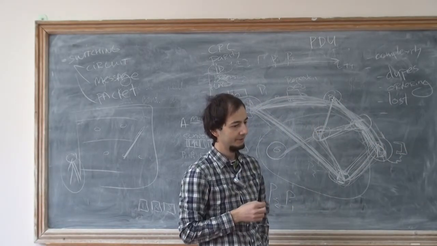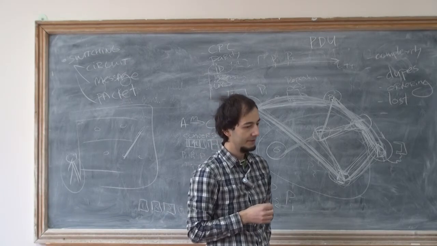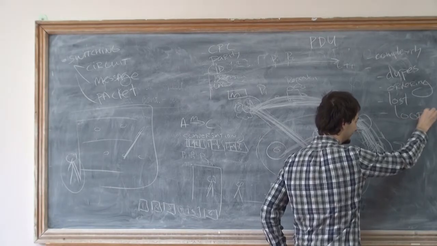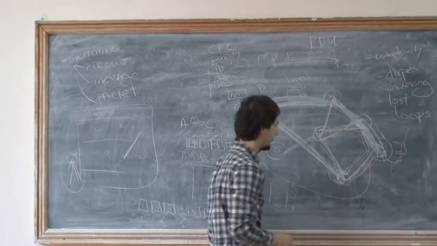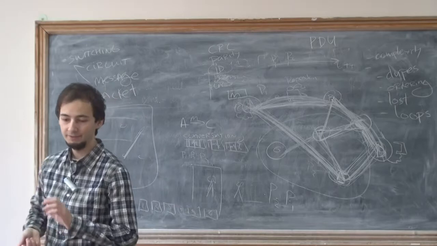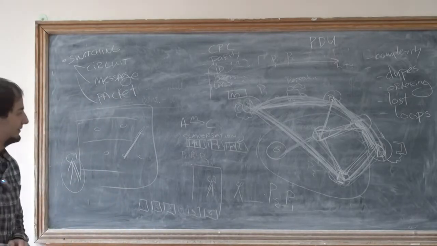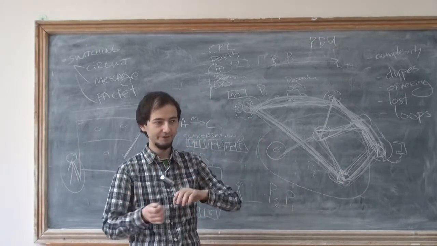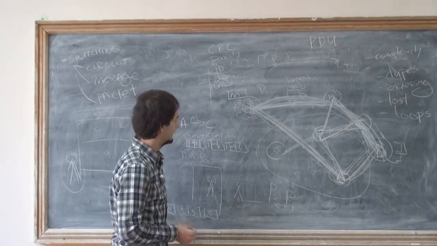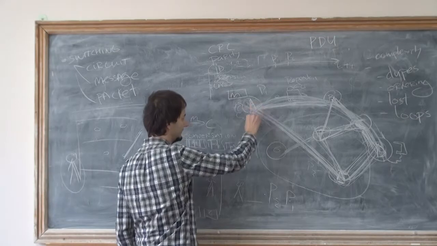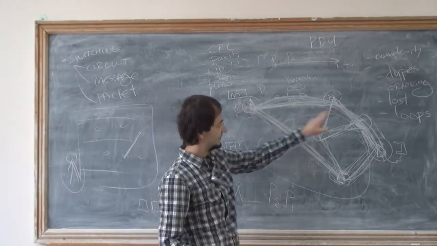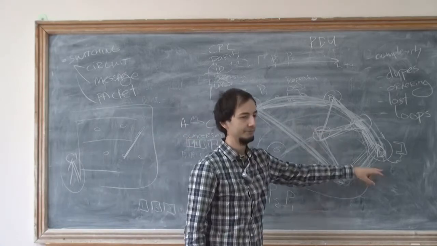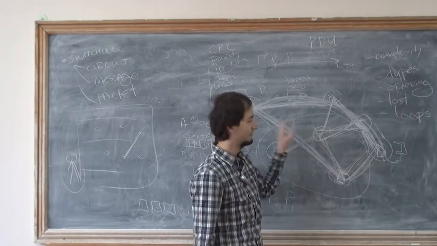Another thing is that you can have loops. In a network, you have all these nodes which forward packets to each other. And when this node sends something to D, it doesn't really know which path it will take. Is it going to be this one or some other one?